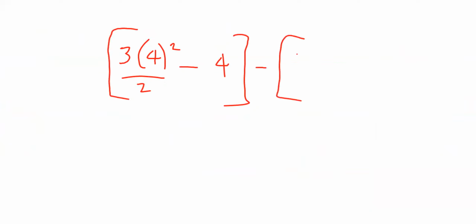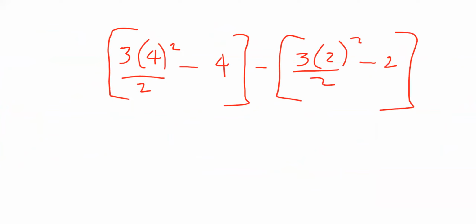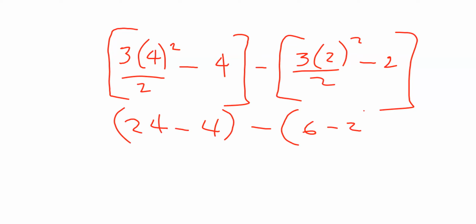Minus the result of 3 into 2 all squared over 2 minus 2. 4 raised to power 2 is 16, 16 times 3 is 48, divided by 2 is 24, minus 4 is 20. Minus 3 into 2 squared over 2 is 6, minus 2 is 4.